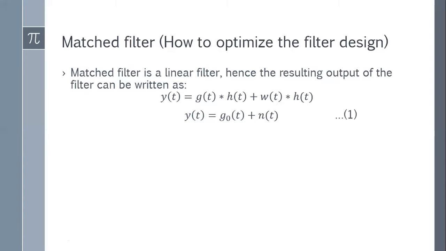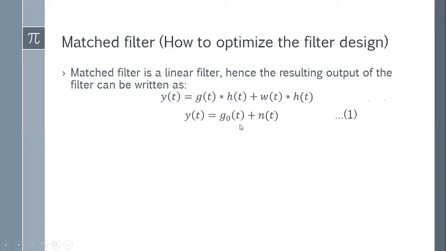We can write this. Now what I am writing is g naught of t. That means g of t convolution h of t can be written as g naught of t, and w of t convolution h of t can be written as n of t. Clear?